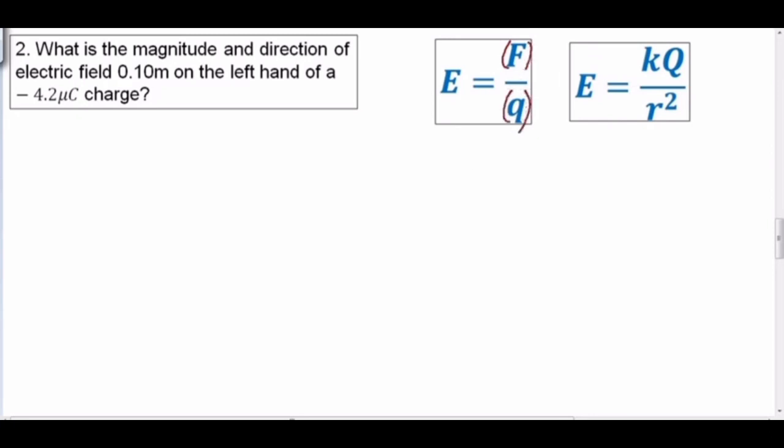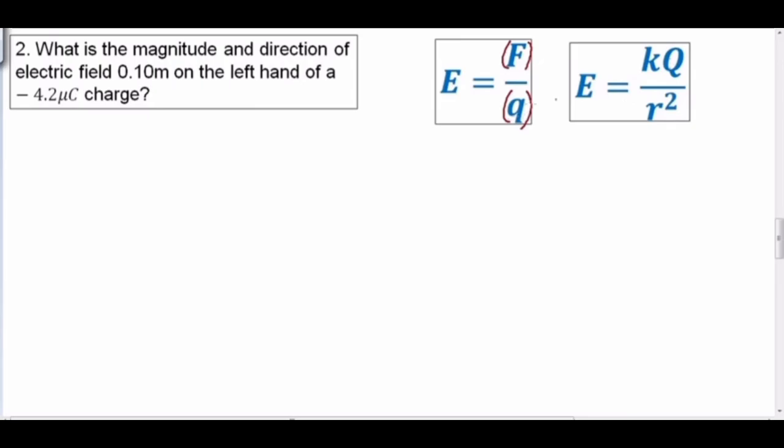Always remember to put parentheses in order to get the correct answer. So, as you can see in the problem, obviously electric field, si positive test charge ay kaliwa ni 4.2 microcoulomb. Pag binasa ng maigi, 0.10 m distance on the left hand, nasa kaliwa ang positive test charge.